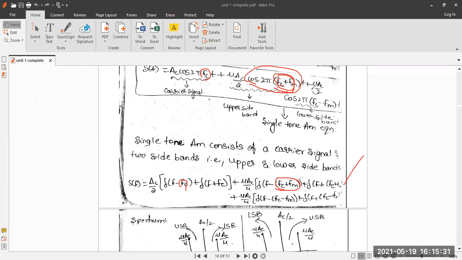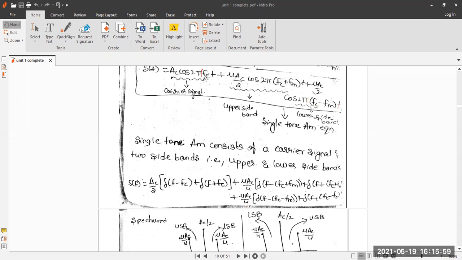Similarly, for the third term the amplitude mu AC by 2 becomes half, that is, mu AC by 4. The Fourier transform of cos 2 pi (fc minus fm)t is delta of f minus (fc minus fm) and delta of f plus (fc minus fm).